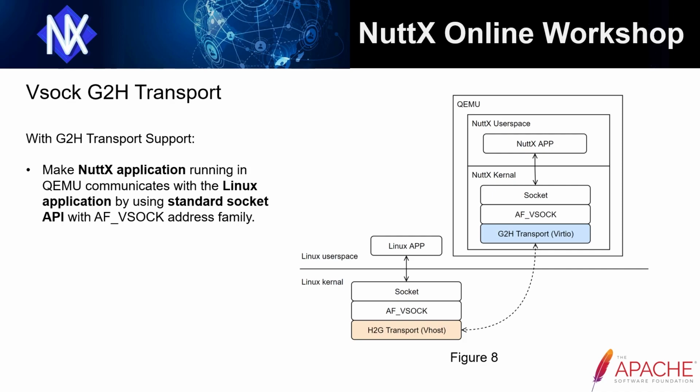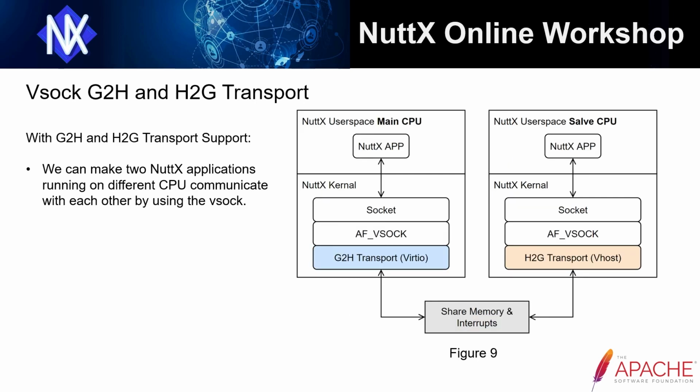This is because the Linux kernel has implemented the host-to-guest transport. And more, if we have implemented both the guest-to-host transport and the host-to-guest transport, we can make two NuttX applications running on different CPUs communicate with each other by using the VSOCK.